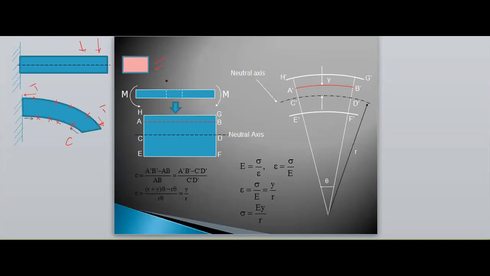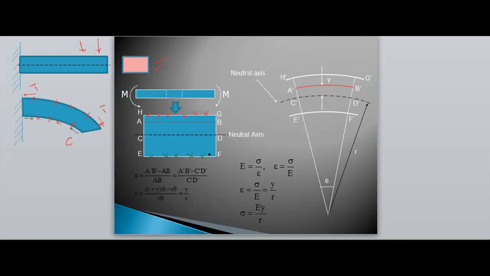Now I am considering a small region, a delta x region only. So initially it is straight. Here this is the topmost layer, and this is the bottommost layer.